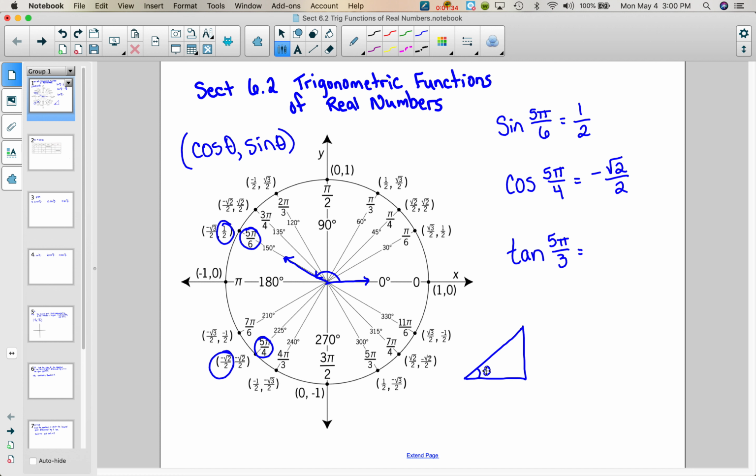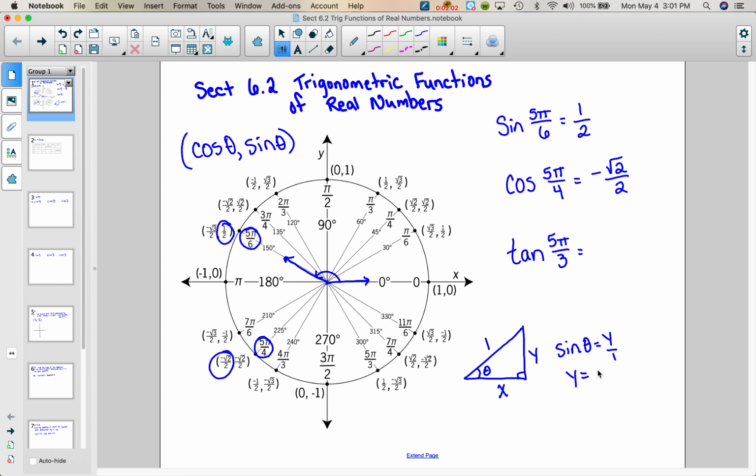So if this is theta, and this is x, and this is y, and this has a value of 1 because it's the unit circle. So remember the radius is 1 on the unit circle. So I'm taking a little section of my circle out. If you were to do, for example, sine theta, you would do opposite over hypotenuse, which was y over 1, or just y.